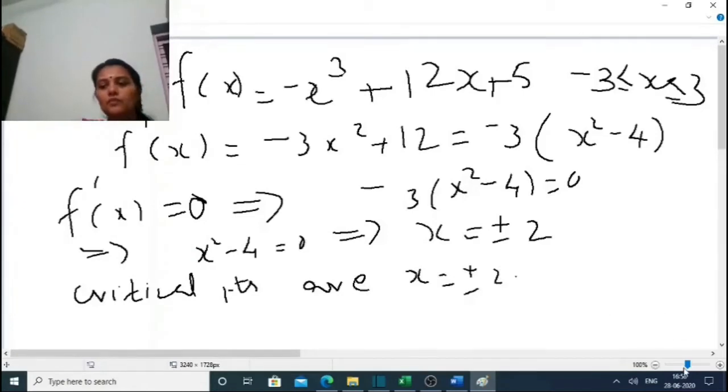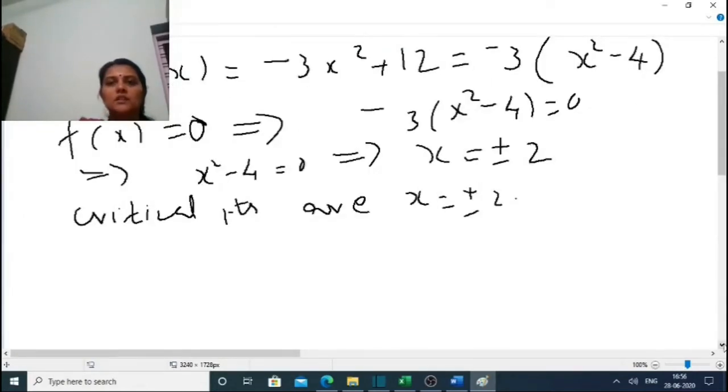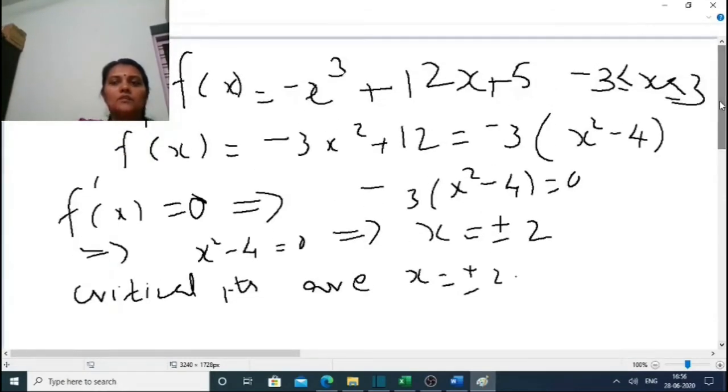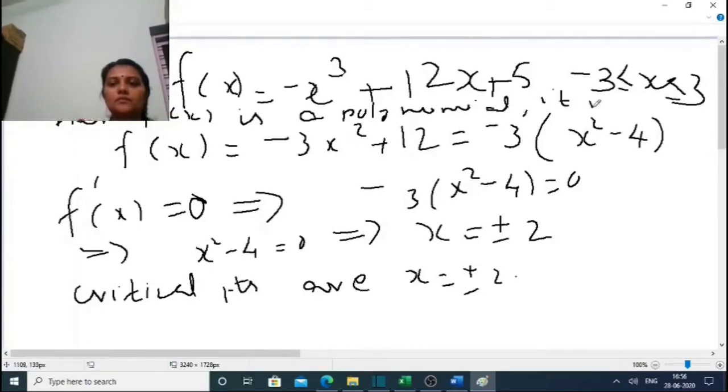Before that we have to write one more thing. Here f of x is a polynomial, so it is differentiable everywhere. So the critical points are x equals plus or minus 2.